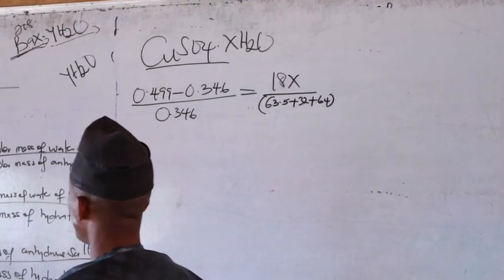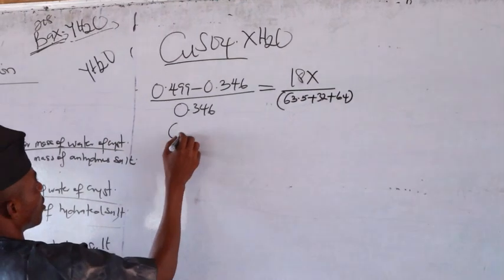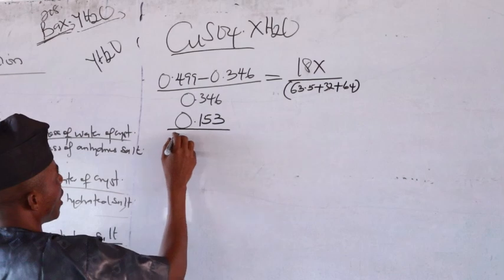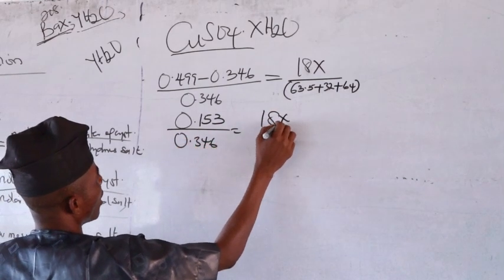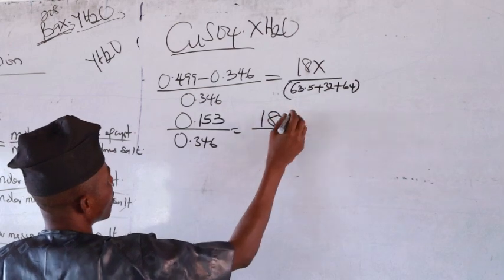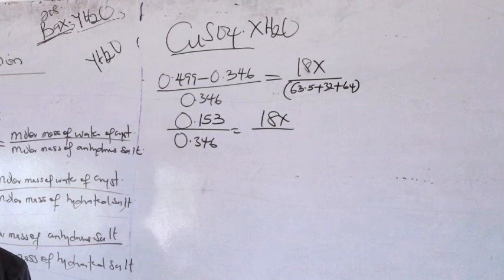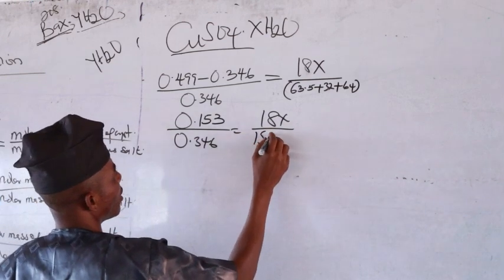What is 0.499 minus 0.346? 0.153 over 0.346 is equal to 18x over, what is the value of this? 159.5.